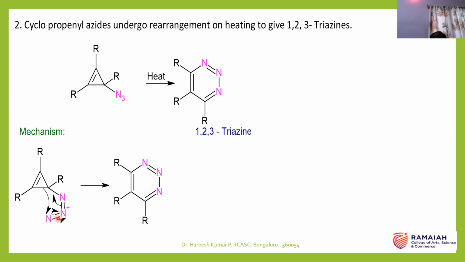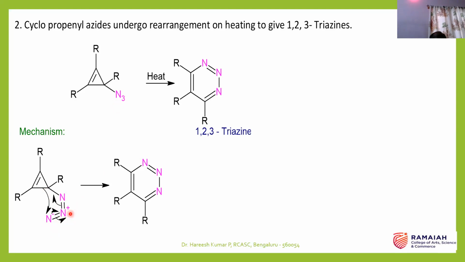But yes, this is the most preferred canonical form or resonance form. You can write it like this only for the azide. That means N double bond N plus double bond N minus. That's only what you write. Then afterwards, what will happen?